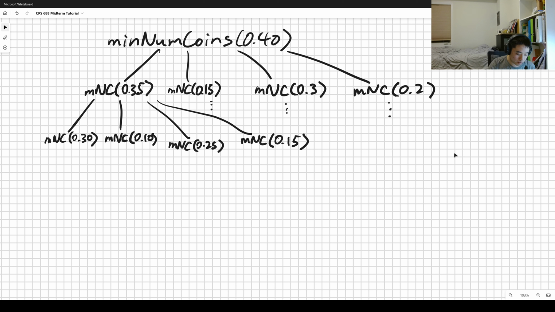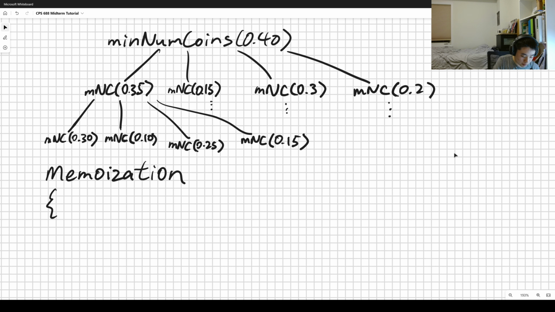So one way you can make things easier, one way you can make sure that you don't have to call the same thing over and over again is something called memoization. This is where you have an array or some kind of map.